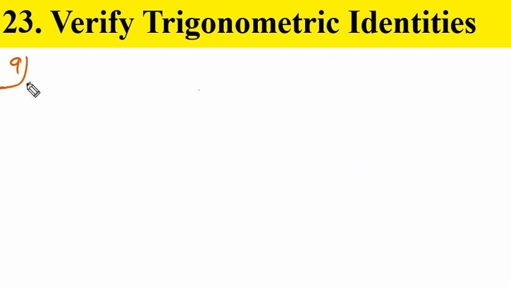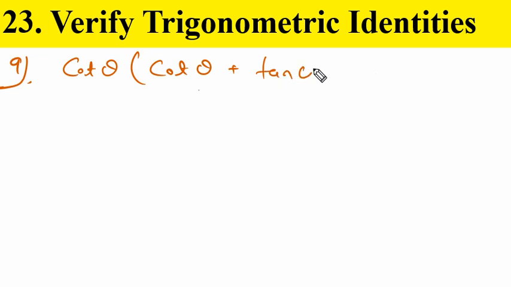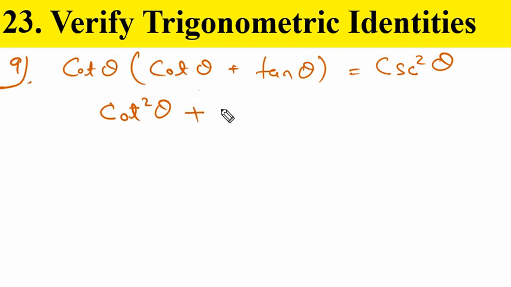Question number 9, cot theta multiply with cot plus tan equal cosec square theta. Now in this one I will multiply this cot inside using the distributive property, so that will be cot square theta plus cot theta multiply tan theta.